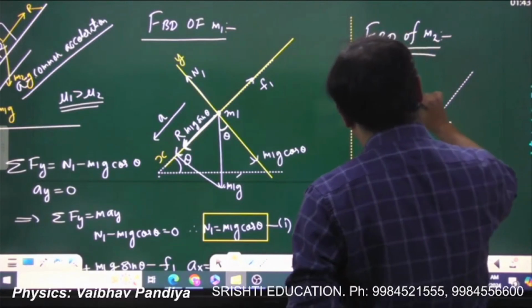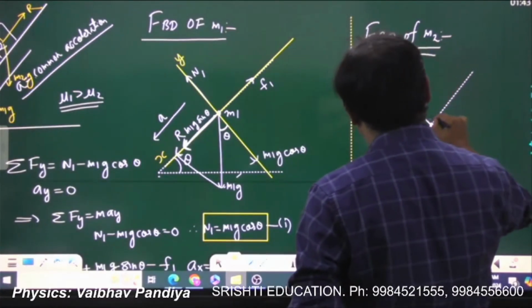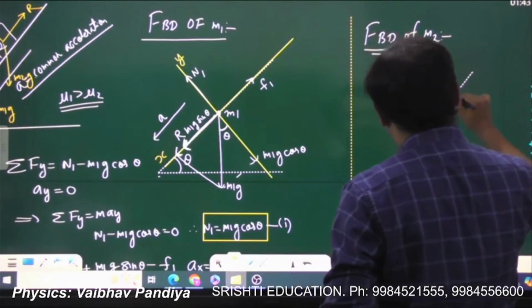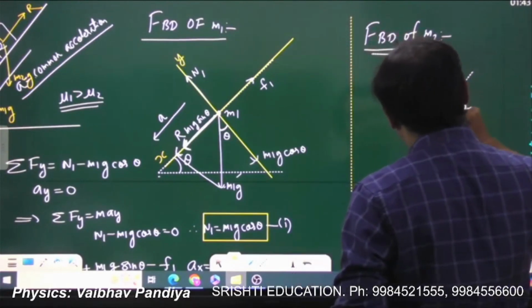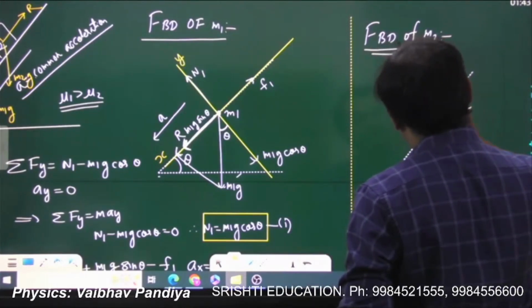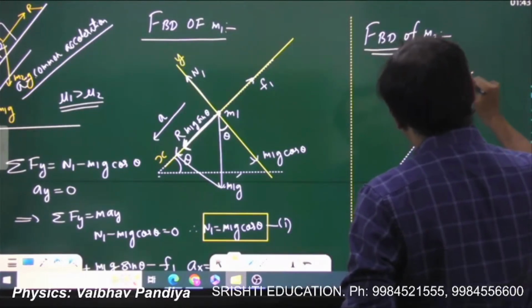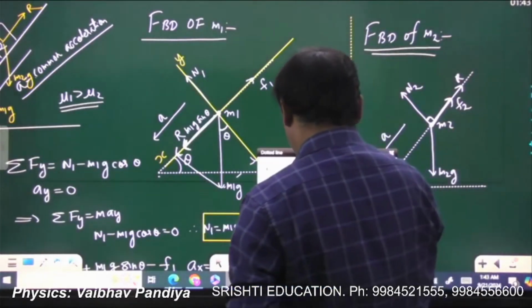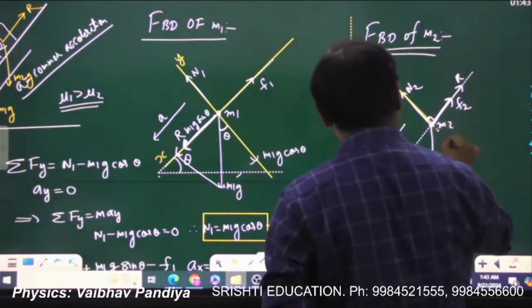So one force will be the normal force N2 by the inclined surface, another will be the weight, friction will act upward, say F2, normal reaction or pressing force by M1 will act upward, R, and the acceleration is downward, A. Now again I will take the two axes systematically.